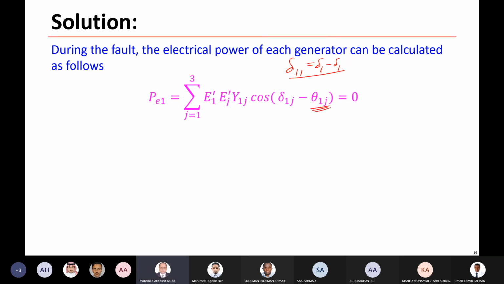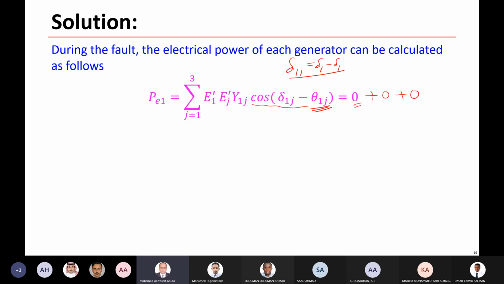And we have also this angle equal to 90 degrees, so cosine 90 will be equal to 0. So you have here the three terms that we expect equal to 0. And this can be justified. As I mentioned, there is no power transfer during the fault, since the fault occurs at the bus.